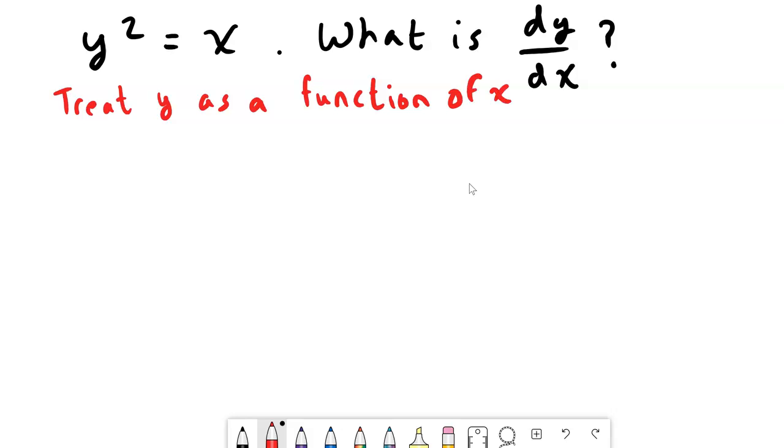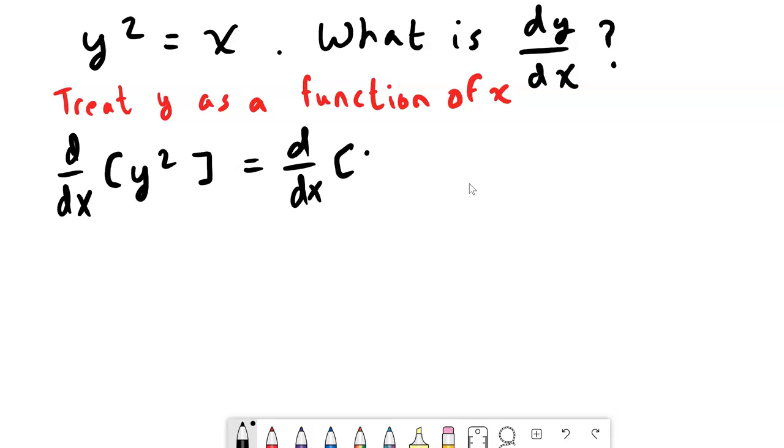In other words, if we were to take the derivative of both sides, we need to treat y as a function of x.